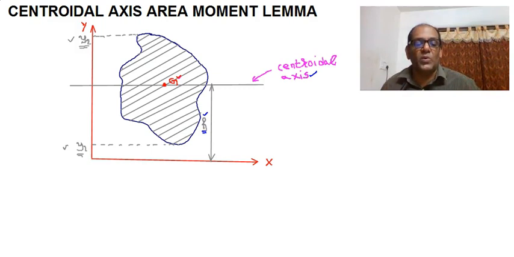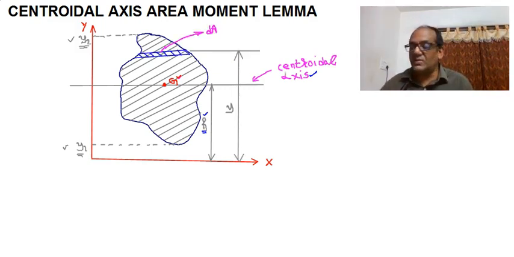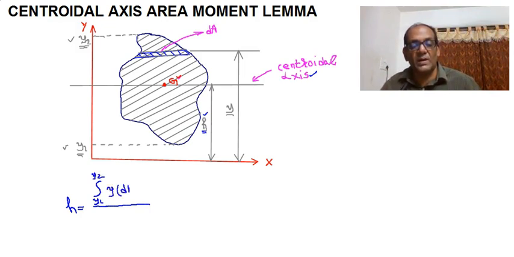We consider a little elemental area shown by these two lines, situated at a distance of y, and write h is equal to: in the numerator, integral from y1 to y2 of y multiplied by the elemental area dA, and in the denominator, integral y1 to y2 of just dA.